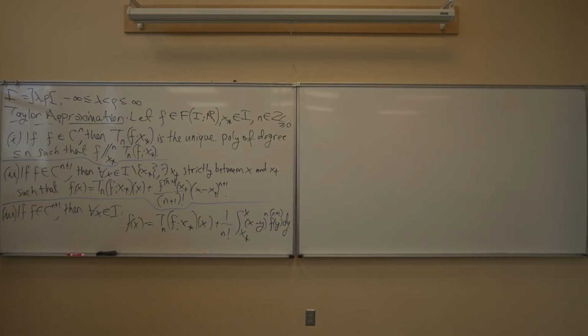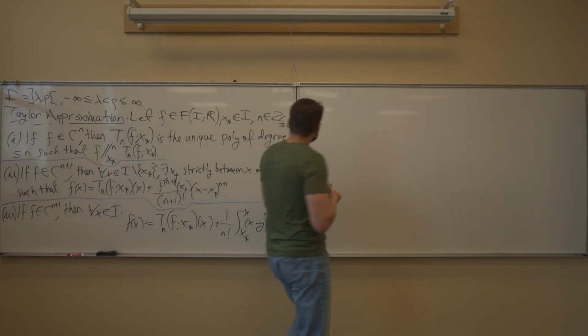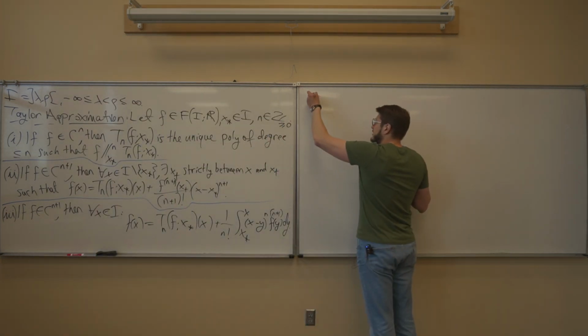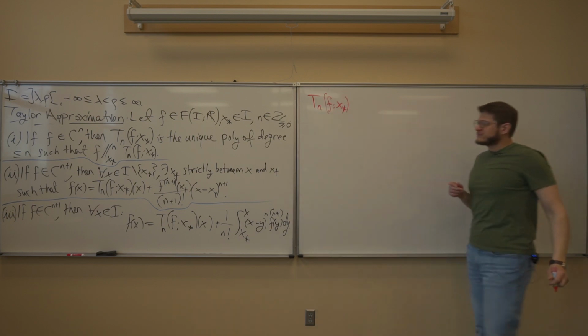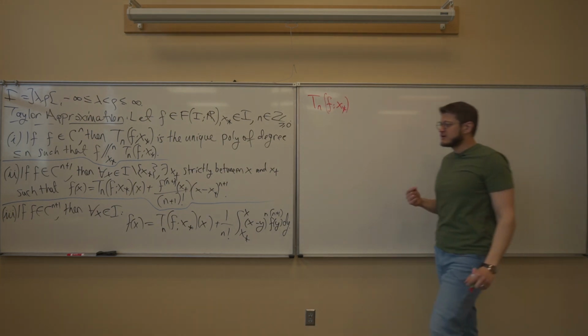So let me first remind you what this Taylor polynomial was. This Taylor polynomial is a function of x. You see, I have fixed x star.